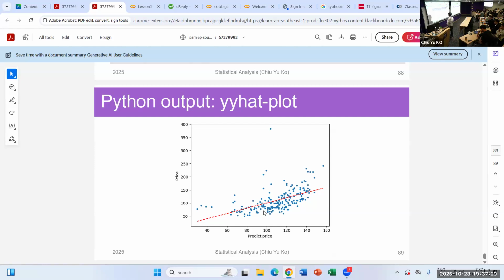Now, if your predicted price is 60 and it sells for 60, then you fit the model, right? So if the predicted price is way above, then it is overpriced, right? So how you find the best deal depends on what you think.